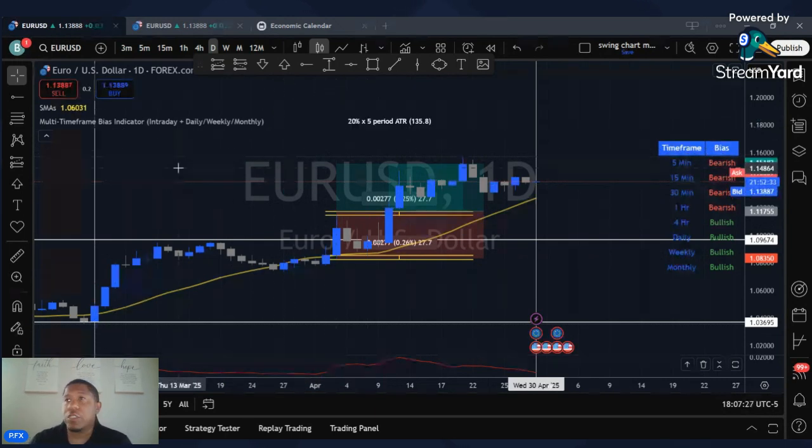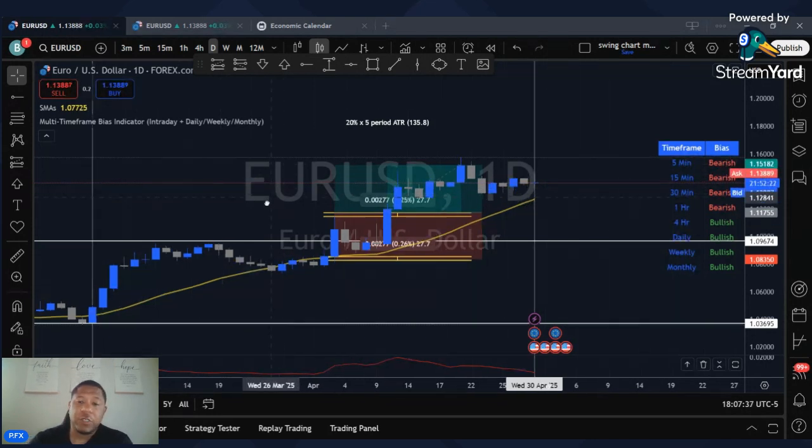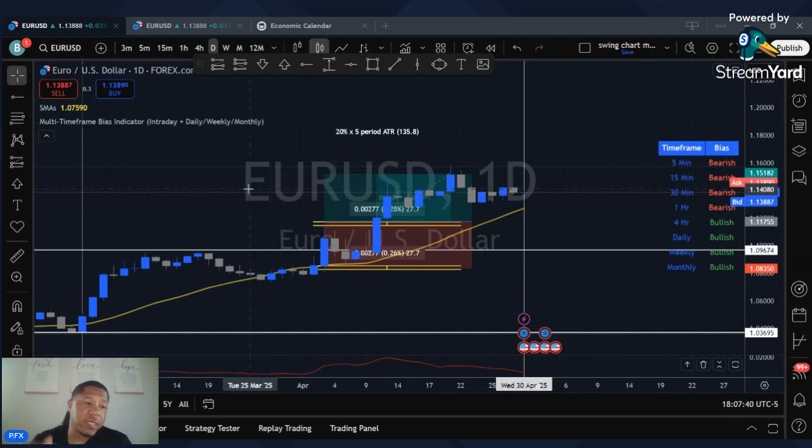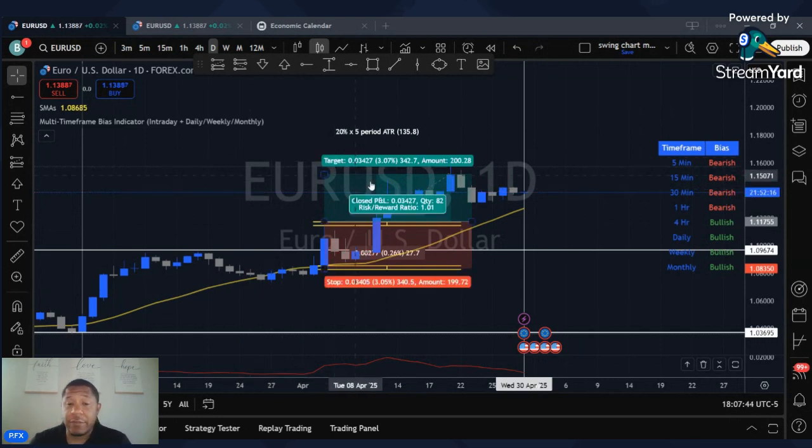So you can see how it works both ways. All right, other than that, hope you guys understand. If you're in the Discord group, I definitely will go over this a lot more as far as pending orders. But that's pretty much how you get them. You can set your pending orders and set the alert, and check it every single day. You can see it pinned you in on the 10th, and then went straight up from there, 342 pips.